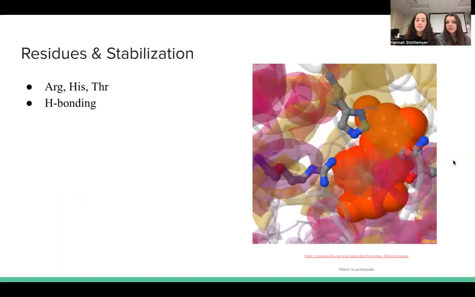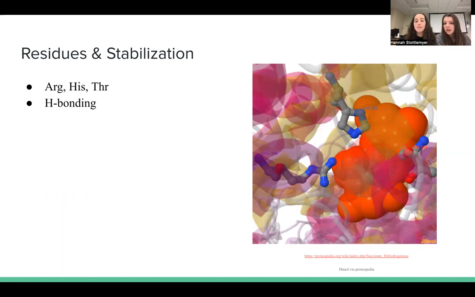In terms of residues and stabilization, there are several amino acids throughout the enzyme that are found within each of the four subunits that help to specifically stabilize the substrates. And so this picture on the right-hand side is also taken from JSmol via Proteopedia, and it's zoomed in specifically on 3 of the important amino acid residues within SDHA that are helping to stabilize the substrate.